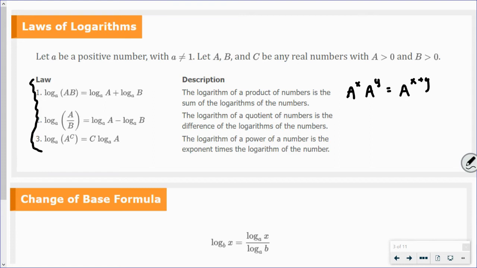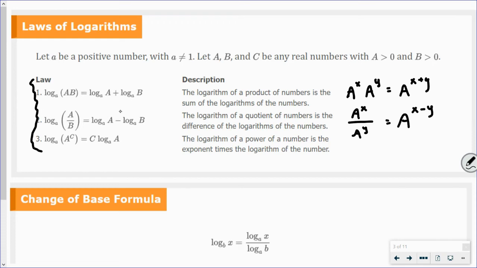This is kind of the same principle. If you're adding logarithms, you're going to multiply what's inside. Also, if we had a to the x over a to the y, we subtracted those, so x minus y. So if I have subtraction out here, I'm going to have division on the inside with logarithms. You don't do what it says.